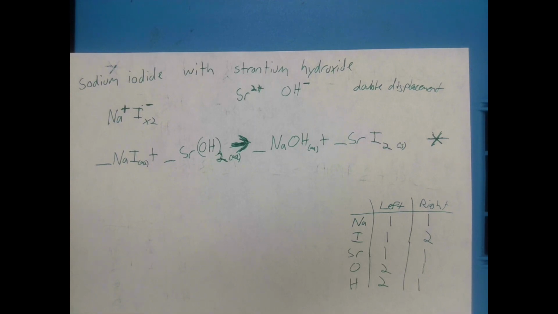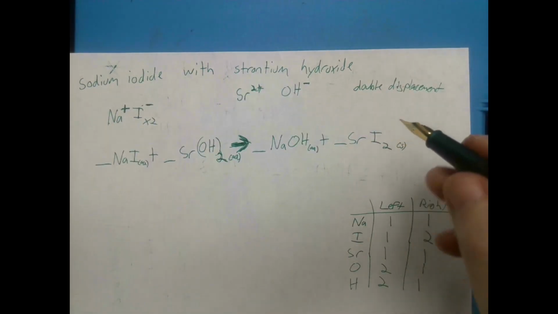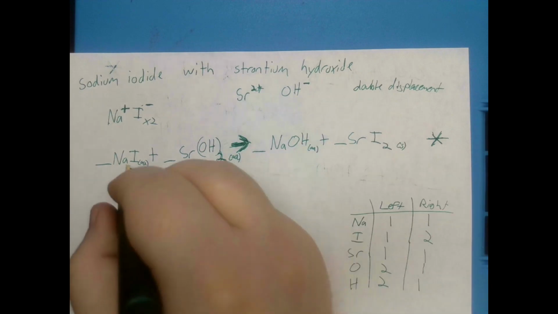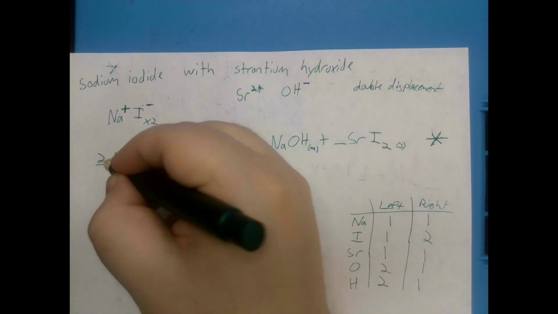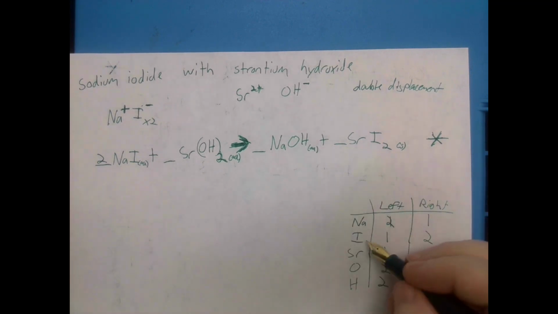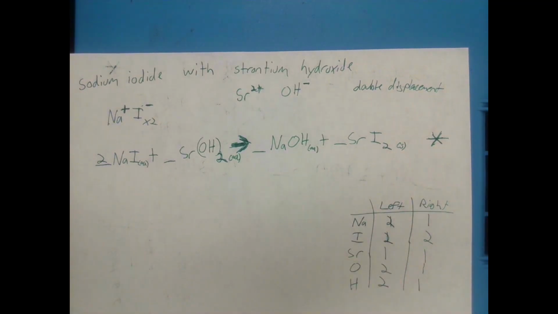So what do you want to do? So I would just realize that iodine is 2 over here, 1 over here. So let's just go ahead and double that up. So now the sodium becomes 2, and the iodine becomes 2 here.